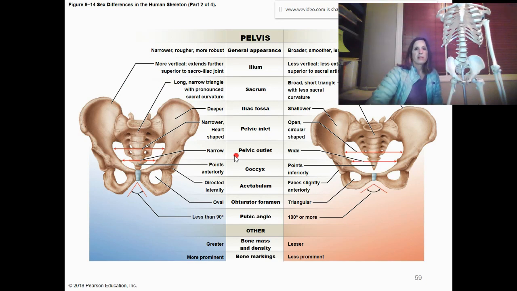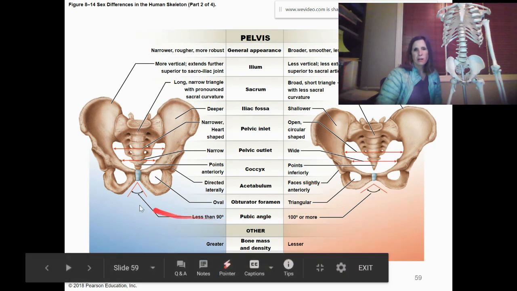So basically, the biggest thing I want you to see here, this does look a little bit more like a narrow heart. The biggest thing you should see is that this looks like more of a baby head can come through here. So it's going to be wider, but when you look at these iliac fossas, you should be able to see it's more shallow compared to the male. And then another one I always teach is to look at this right here, the pubic angle. This is usually a lot more narrow, and this is wider.